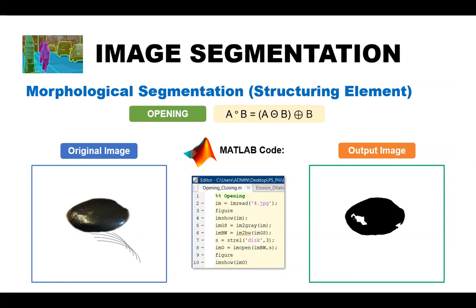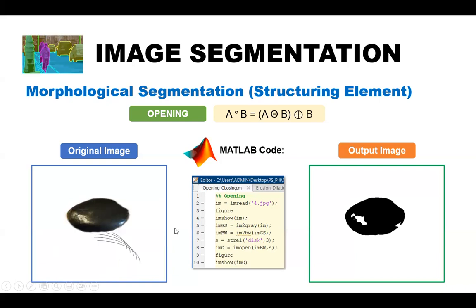So its purpose is to break narrow bridges and eliminate thin structures. So if our objective is to remove the hair-like elements on our original image, the opening operation is very helpful. Moreover, we will notice a great outline of the ripe pili fruit after using opening.